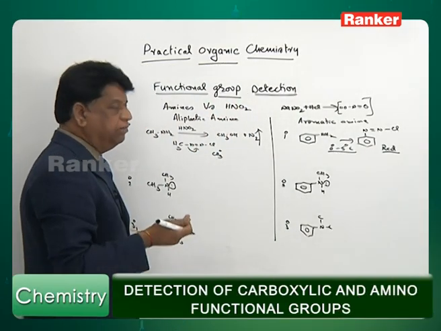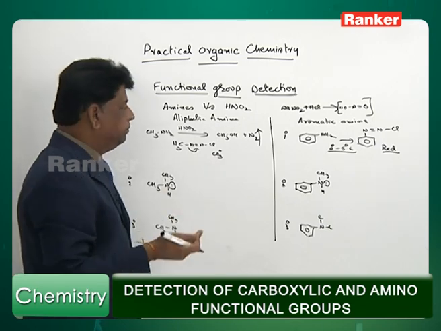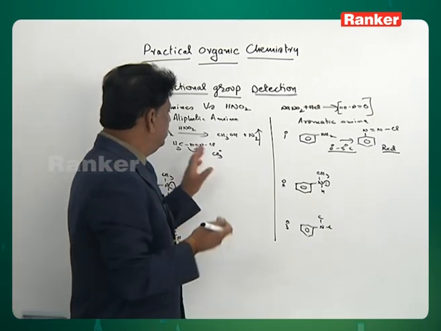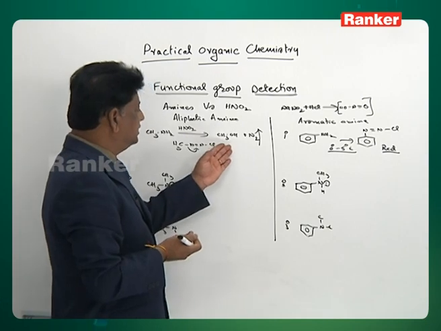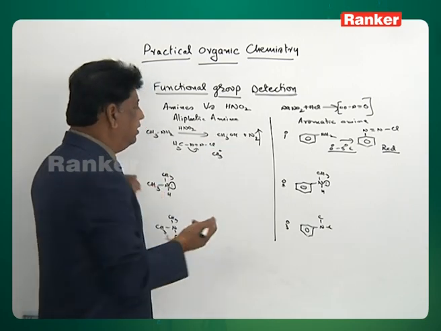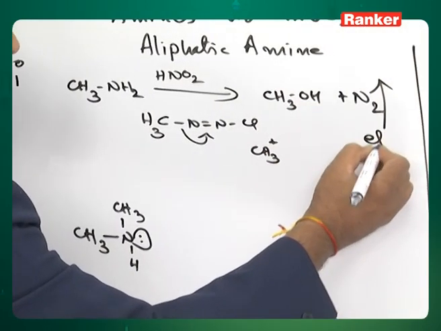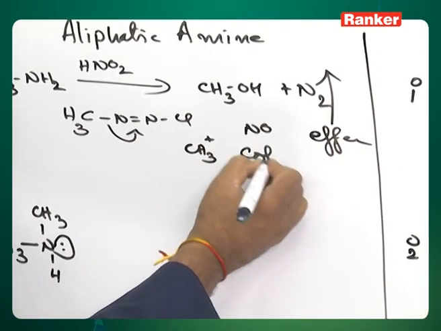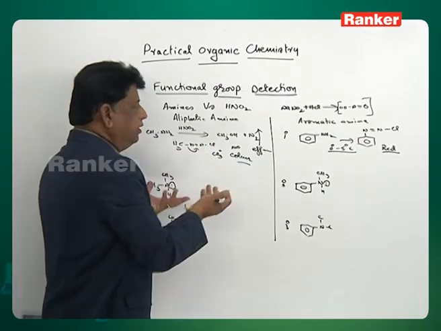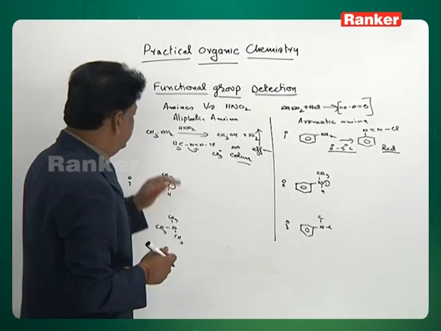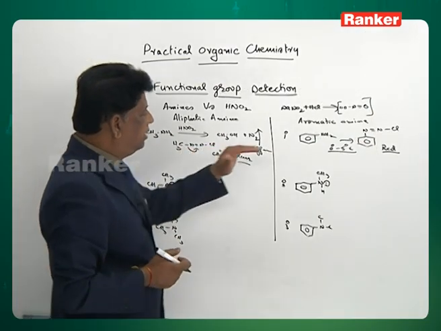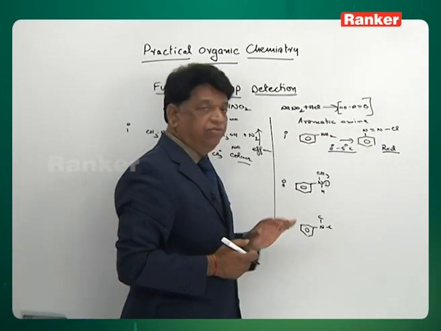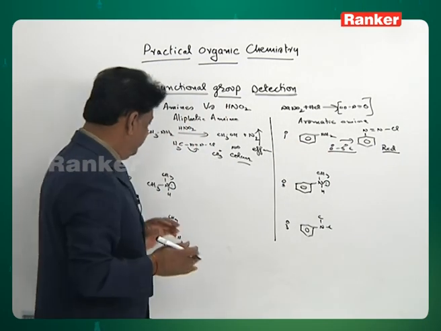You can convert it by adding water into phenol later. In the aliphatic case there is no color, colorless, and there is effervescence of nitrogen gas. Color is not formed, but the effervescence is observed in the aliphatic 1 degree. Aromatic 1 degree, red color is formed, no nitrogen gas is liberated.